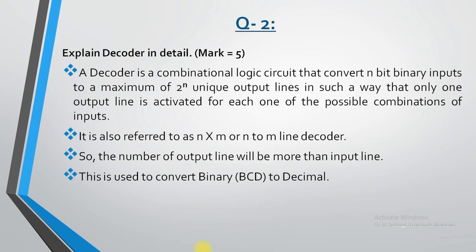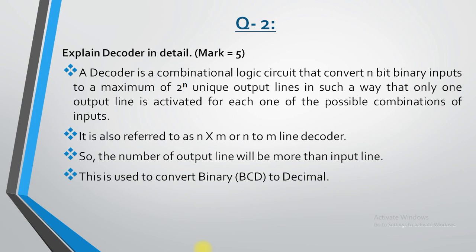because there are 2 raised to n unique output lines, and at a time only one output line is activated. That means you will get 1 as an output on only a single output line at a time.